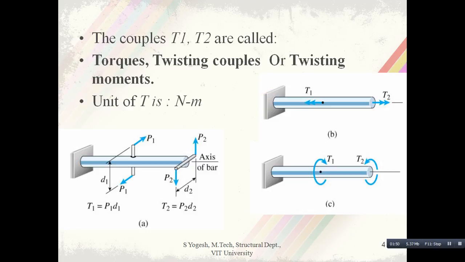Here T1 and T2 are the torques, or you can call them twisting couples or twisting moments. The unit of torque is Newton meter. Torsion can be seen in cars, lathe machines, and motor pumps.